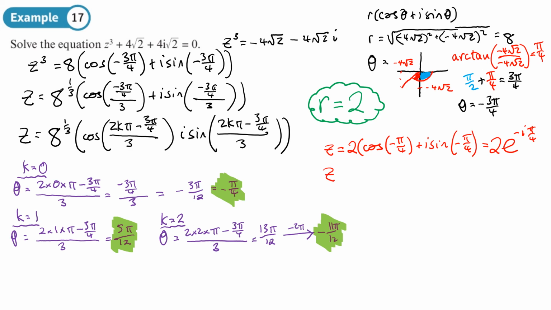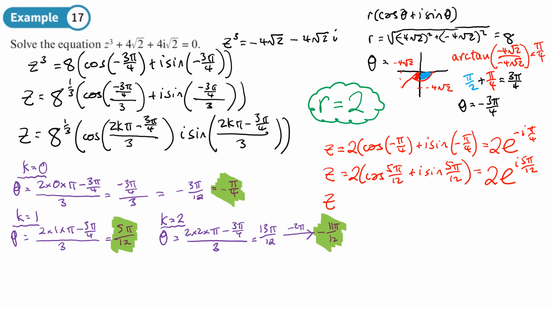Root number 2, 2 cos, let's go for the 5 pi over 12, plus i sine 5 pi over 12. Exponential form 2e to the i 5 pi over 12.